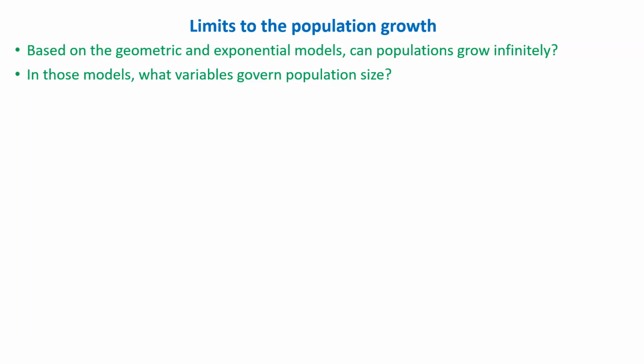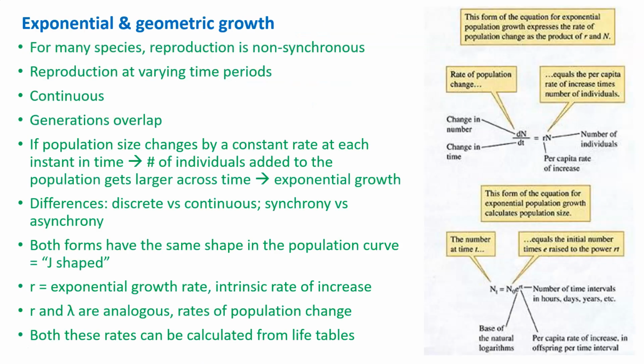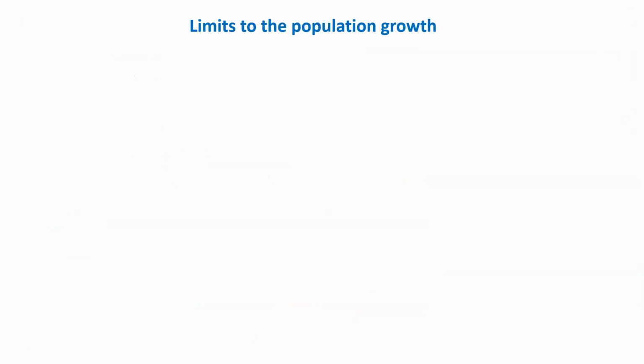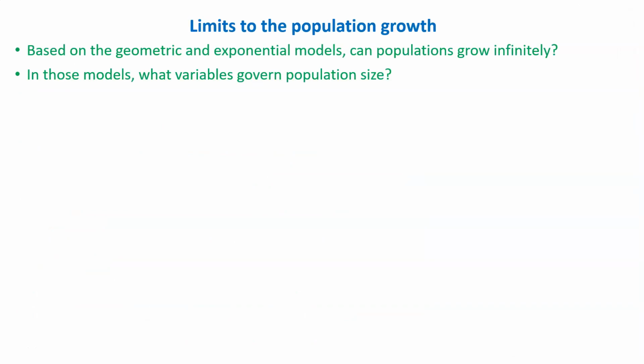If you go quickly backwards, the rate of increase, the initial population size, and the time seem like the three variables that we consider to construct those very basic models.